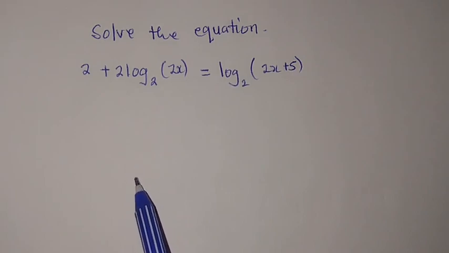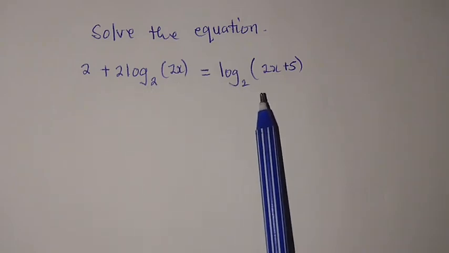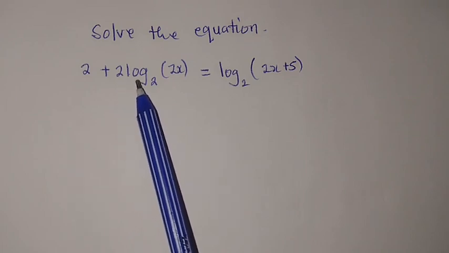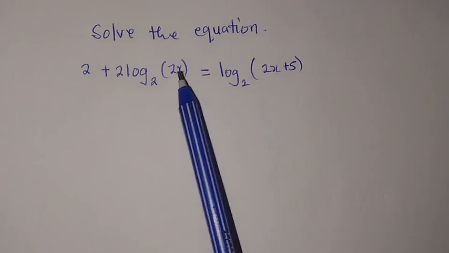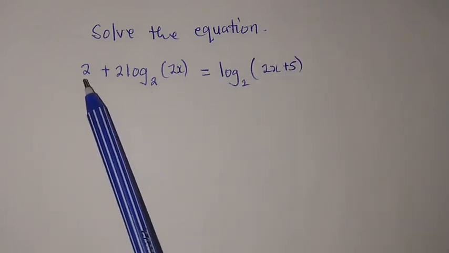So the first thing that we are going to do, we can notice that we have the left hand side and the right hand side. We are going to take this 2 log 2 of (2x) to the right hand side so that we just remain with a 2 right here.